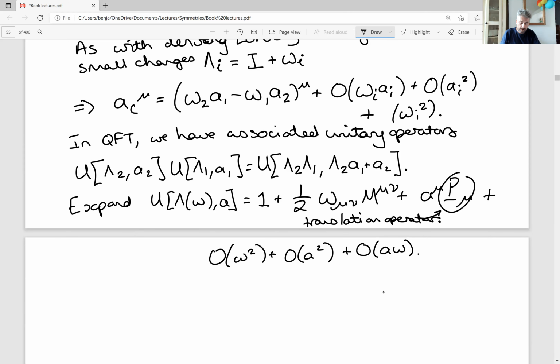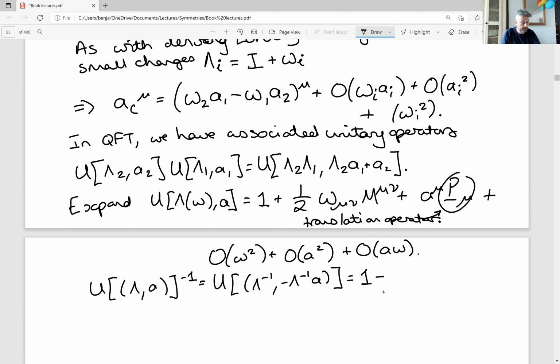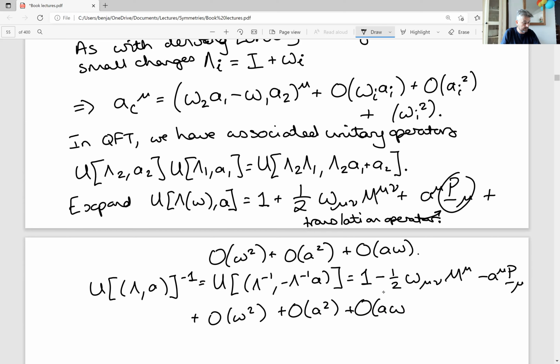From the group composition rules, the inverse unitary operator is the unitary operator of (lambda^-1, minus lambda^-1 a), which is 1 minus a half omega_mu nu M^mu nu minus a_mu P^mu, again plus terms of order omega squared, a squared, and a omega.